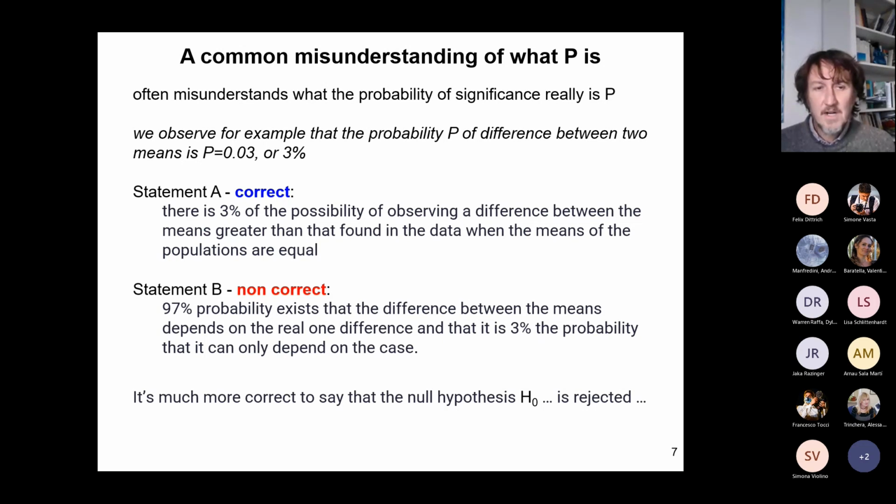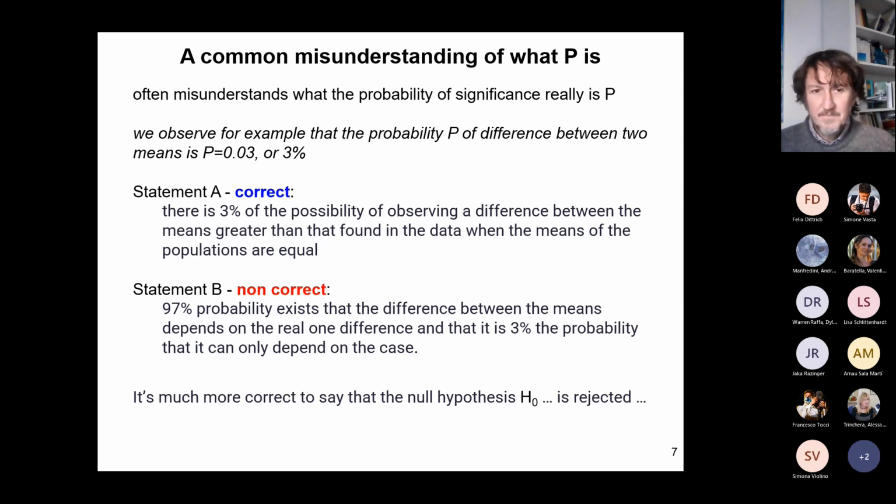If, for example, we observe that the probability P of a difference between two means is P equal to 0.03, or 3%, the correct statement is there is a 3% possibility of observing a difference between the means greater than that found in the data when the means of the population are equal. Just to understand this sentence, even if it is correct, is very hard.